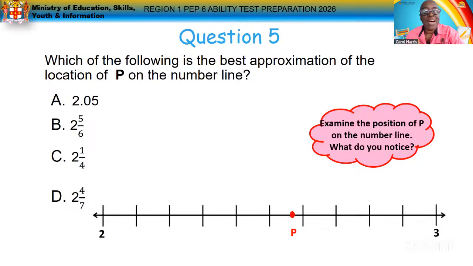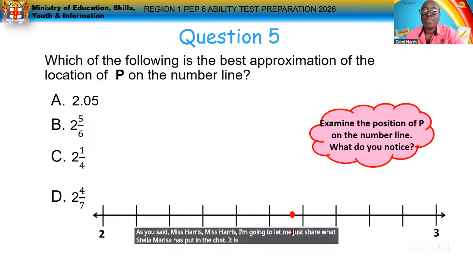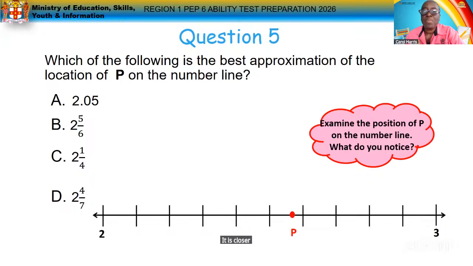Let me just share what Stella Maris has put in the chat. It is not directly halfway between 2 and 3. It is closer to 3. And then Jesse Paul responded by saying it is after half. Yes, thank you for that.